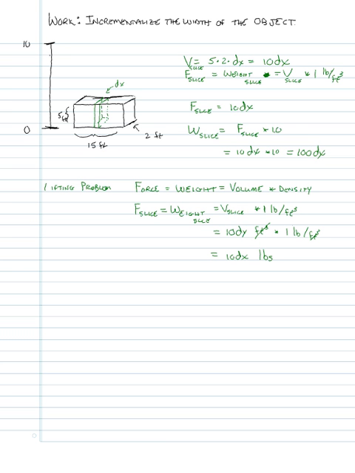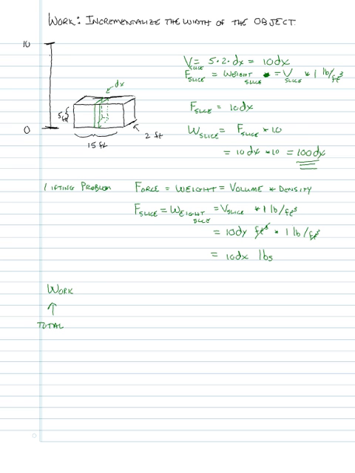We know the work for one particular slice is 100 dx. Remember, it was the force times 10, and so 10 dx times 10. So we know the work required to lift one slice, so the work in total, this is the total work for the entire object.